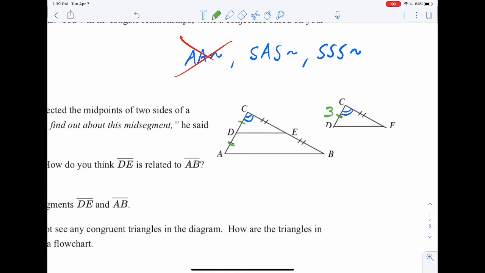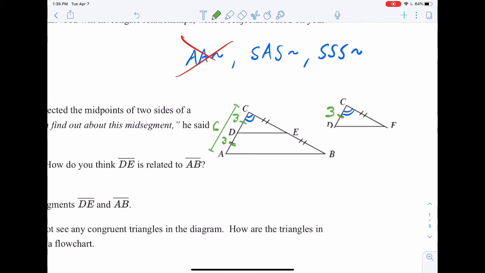If that were 3, then this would also be 3 because of the tick marks, which means AC would be 6. And that shows us a zoom factor between CD and AC of 2.